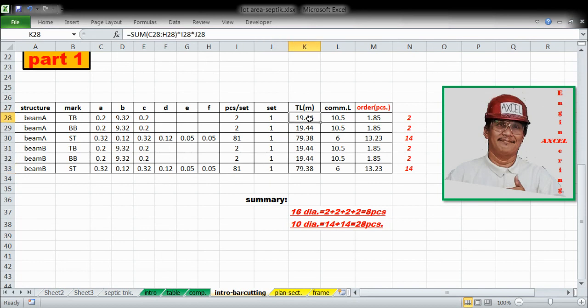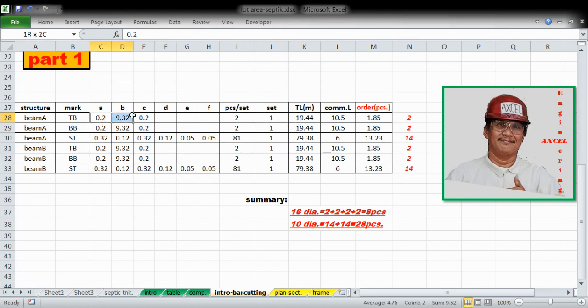Ang total length will be, ito na kasi naka-Excel formula to eh. Pero itong total length nito, add mo lang, add A plus B plus C times mo sa pieces per set times mo sa set. So, multiply lang yan. A plus B plus C times 2 times 1 equals ito.